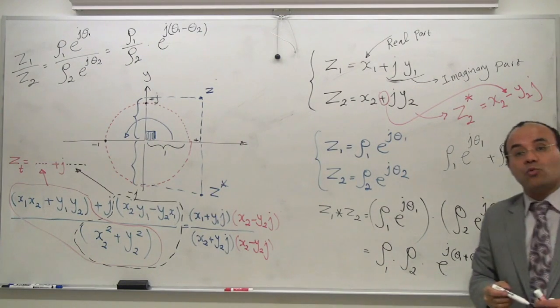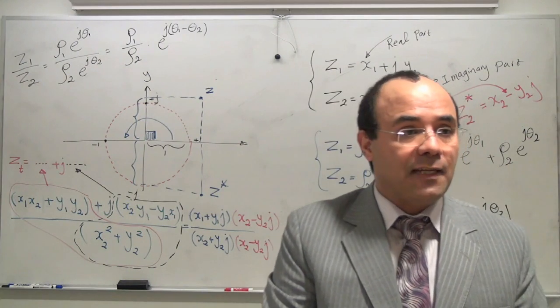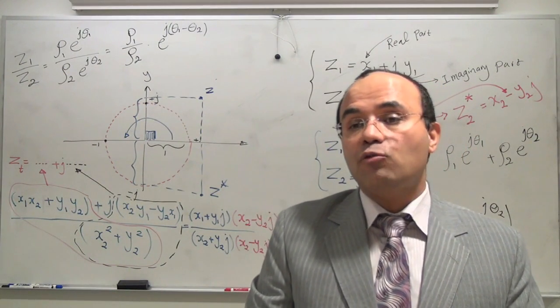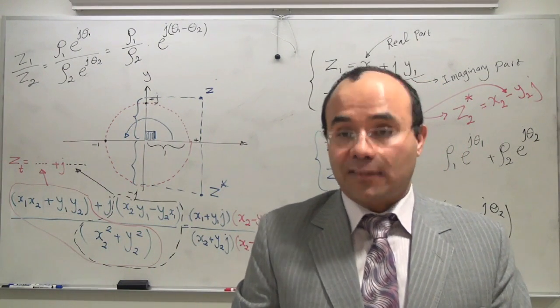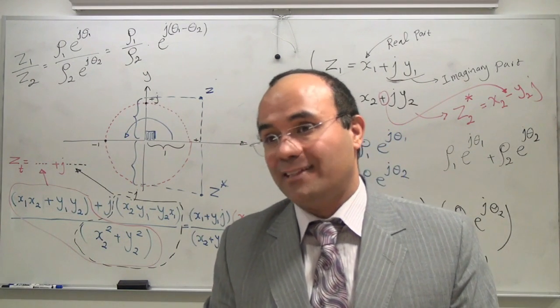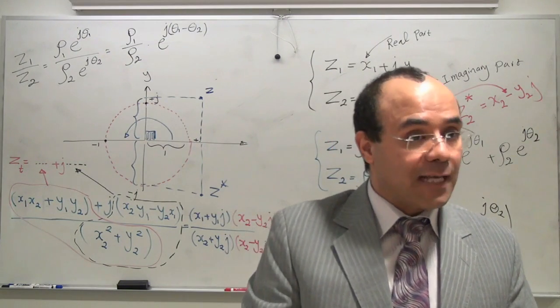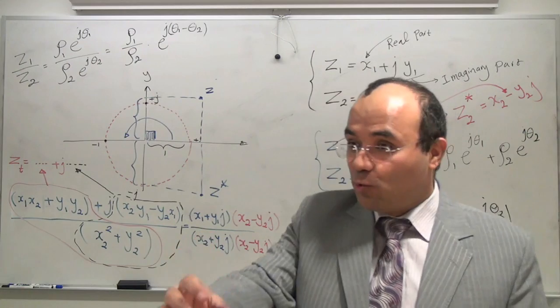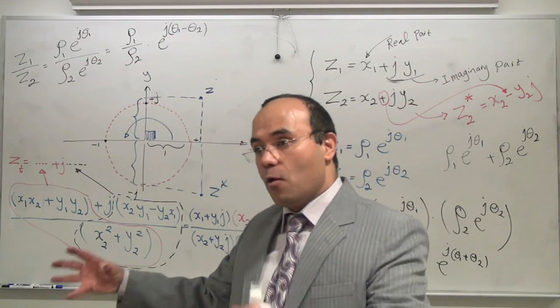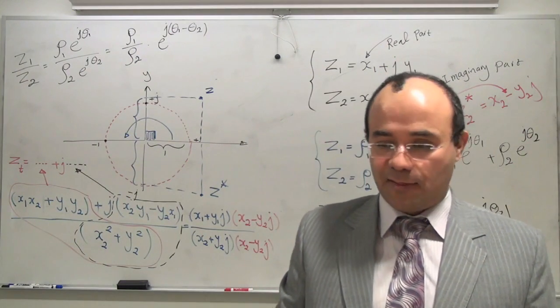So here is the simple rule of thumb. If you have complex numbers and you want to add them, do it in Cartesian. If you have complex numbers and you want to do multiplication and division, do that in polar domain. If you have Cartesian and you want to do multiplication, do the conversion into the polar domain, multiply, then return back once again to the Cartesian mode.